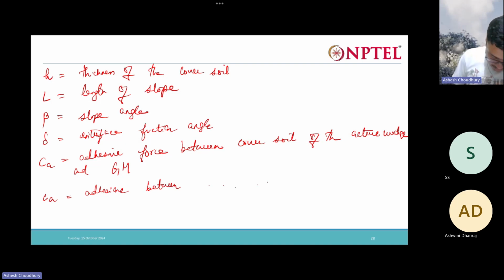Ca is the adhesion, and the other is the cohesion. Did I miss anything?